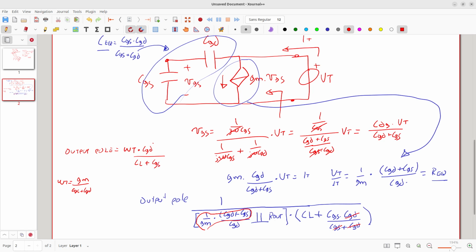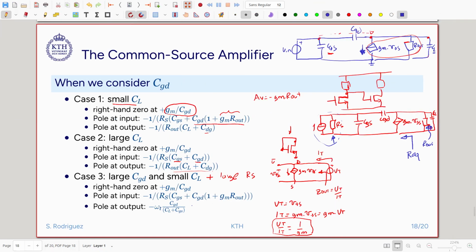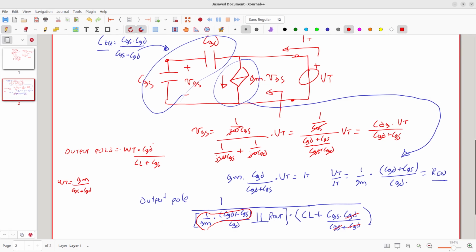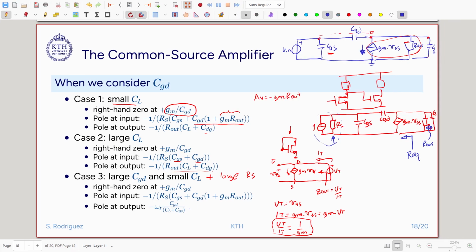Assuming that CGD is very large, we can just simplify the CGDs. And then we have the following equation for the output pole: omega t CGD divided by CL plus CGS. That is what we have here, with a minus sign, of course, since it is in the left hand side.